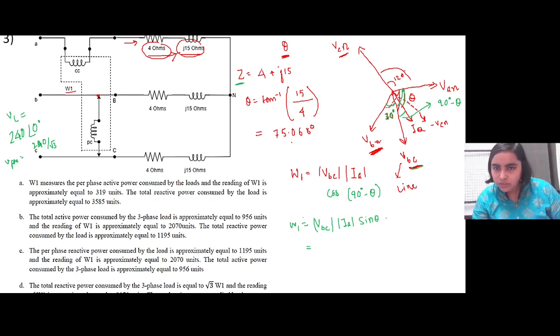The angle we have calculated for Z is 75.06, so the magnitude of Z will be square root of 16 plus 225, right? So it is 15.52, right?